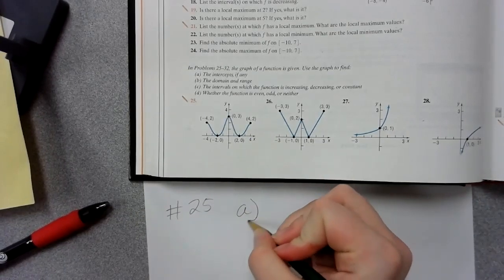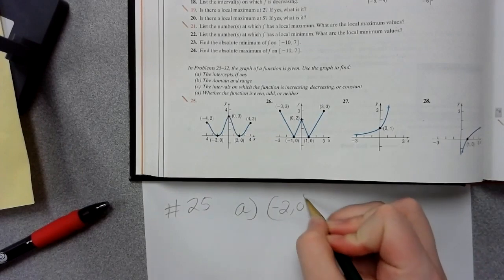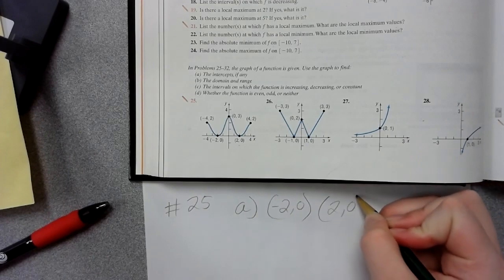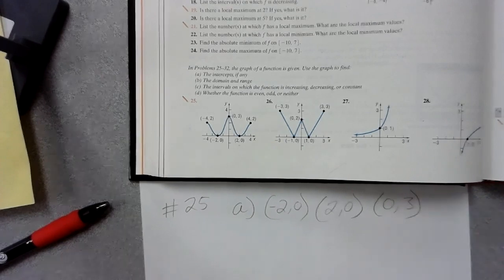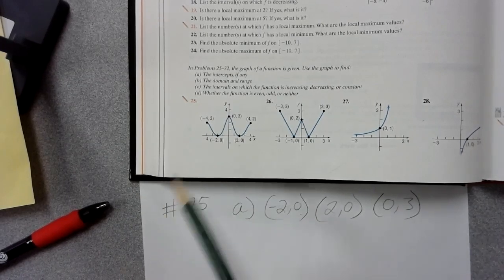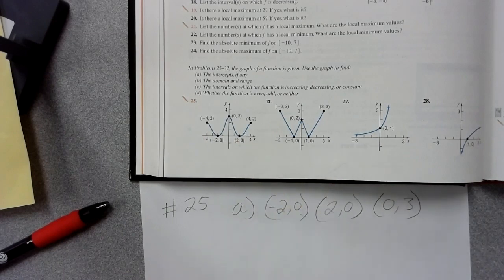So your intercepts would be here at -2 and 0, here at 2 and 0, and here at 0 and 3. All of your intercepts have in common that one of the coordinates is 0. If neither is 0, then you do not have an intercept. Like -4 and 2 cannot be an intercept, and 4 and 2 cannot be an intercept. It has to touch your graph at some point.